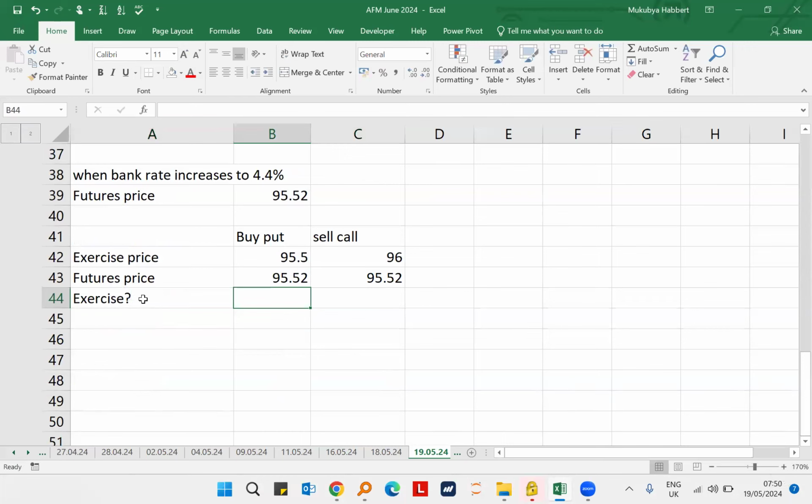And this one, you normally look at it this way. If you have an option to sell at 95.5, but the market is buying at 95.52, you can sell on the market at 95.52. Would you exercise? Would you exercise, Barbara?